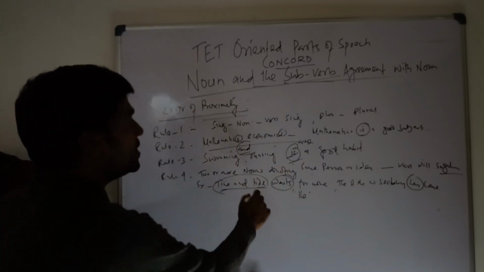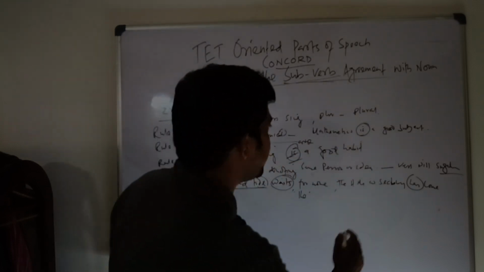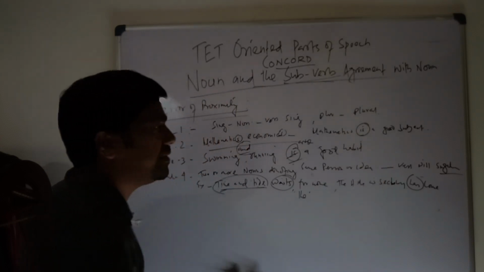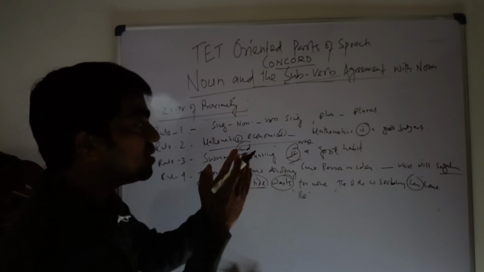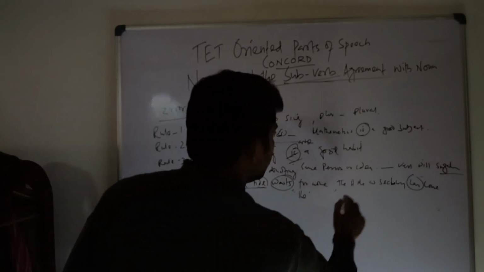The time and the tide, then it will be wait only. The headmaster and the secretary, then it will be have. But if 'the' is omitted, then it means the sentence denotes one single sense, or the nouns denote one single idea. This is why it is singular.